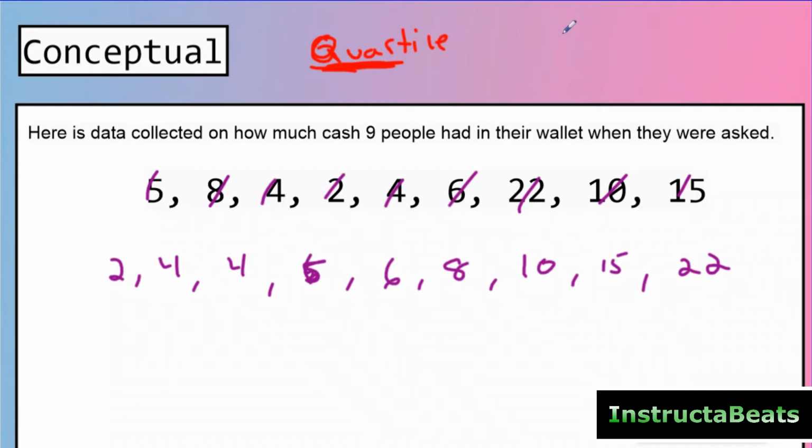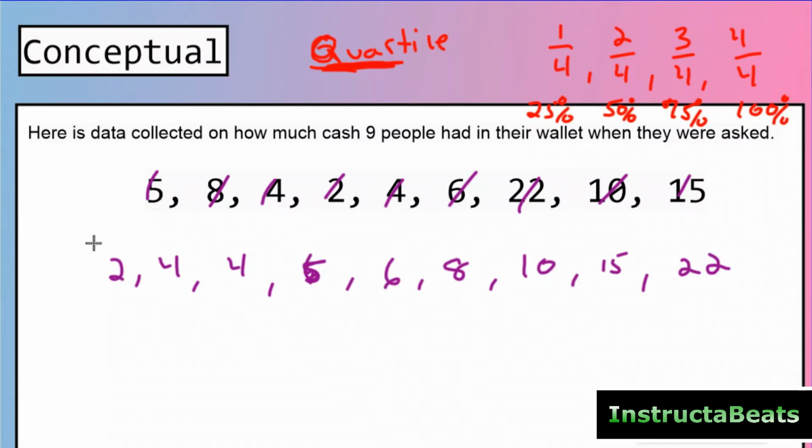And quarters are fourths. So when we're talking about quartiles, we're talking about splitting our data into fourths. Now again, the percents that go with our data: 1/4 would be 25%, 2/4 would be 50%, right? So that's going to be the middle, that's half. 3/4 would be 75%, and 4/4 would be 100%.